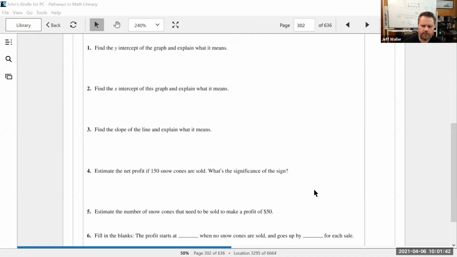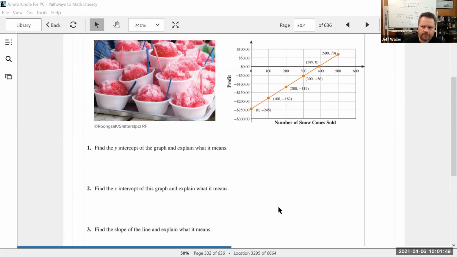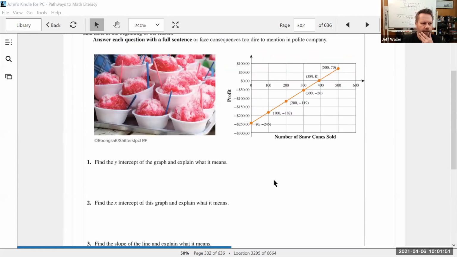Okay, I like it. How much do you need to sell to make 50 bucks? So which way are you looking at it? Where's 50 bucks? 50 bucks is here. Now if you look over, how many snow cones do I need to sell to make 50 bucks profit? Here's 50 bucks.